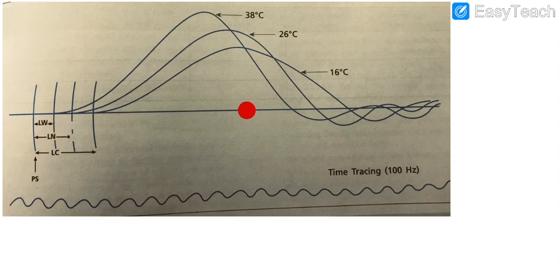This depicts the absolute refractory period. From the second line to the third line, just at the end of the repolarization, the part numbered 2 in this diagram, this duration is the relative refractory period.